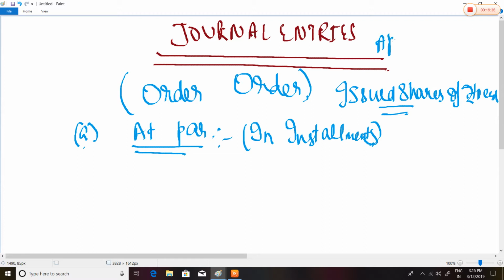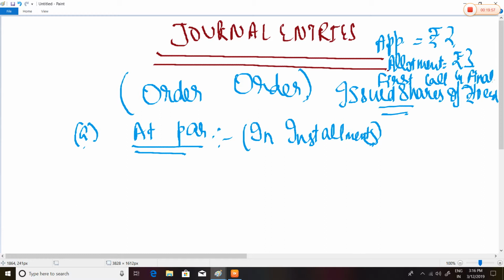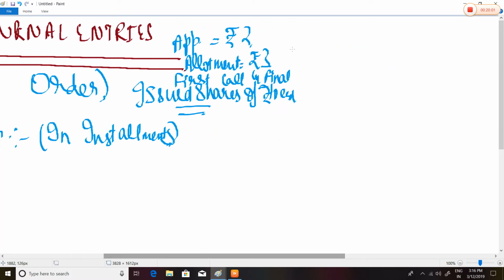Firstly, application money, let's say rupees 2, allotment money, rupees 3, first and final call, let's say, rupees 5.